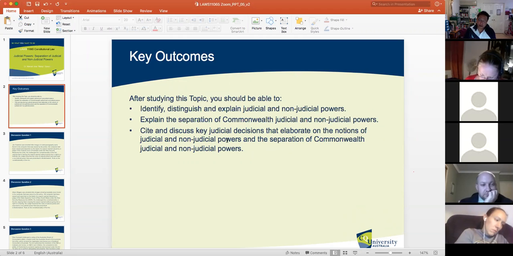Or if there is a law, for example, which enables a particular tribunal to determine the legal rights between parties, such as questions about tenancy agreements or contracts, but that particular tribunal has not been constituted as a Chapter 3 court. And it is apparent that because that tribunal is making a determination on the basis of the existing rights and liabilities of the parties, it is therefore exercising judicial power. Again, that would go against the proscription of the Boilermakers case.